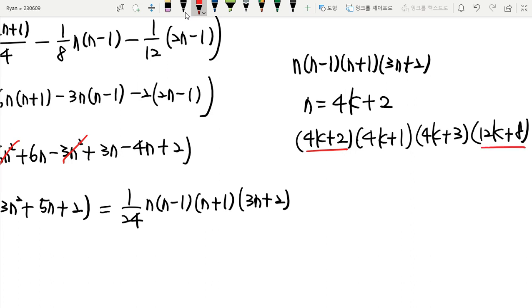Or we can take number 4 out of the parentheses. So 2 times 4 is once again a multiple of 8.